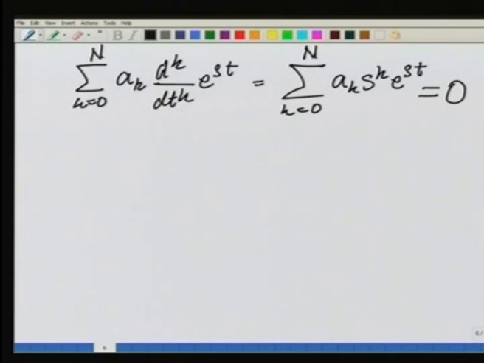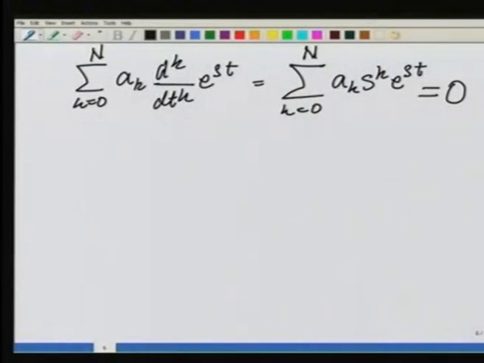Now, let us look at this carefully. We have e to the st, unindexed by k, as one factor in every term of this expression. There are n plus 1 terms, each term is of the form a k times s to the k e to the st. e to the st is a common factor in all these terms and it has no index of k.